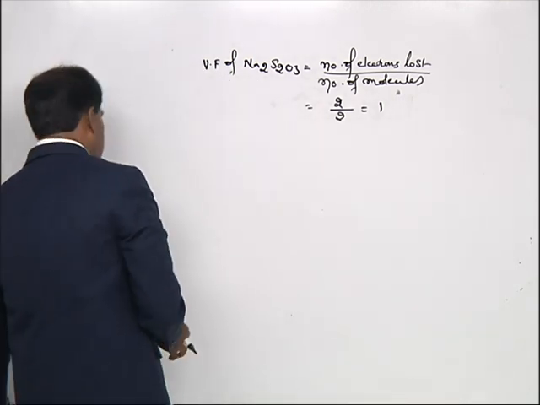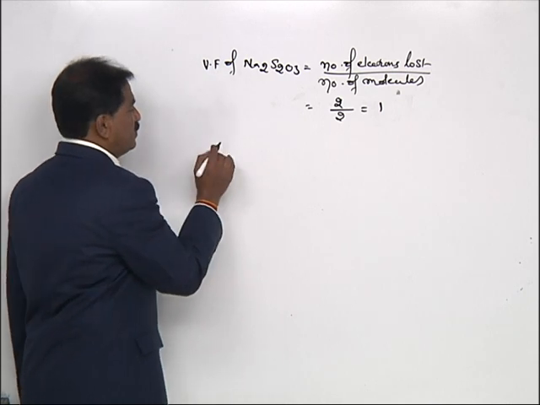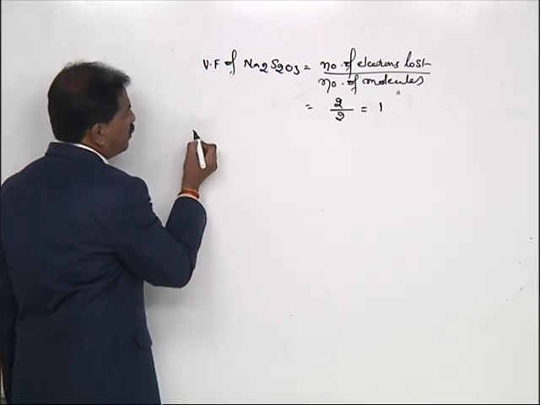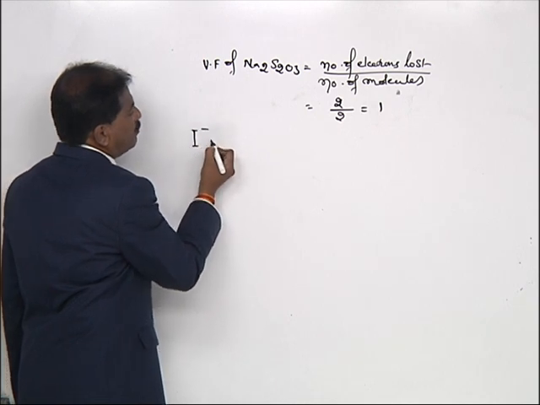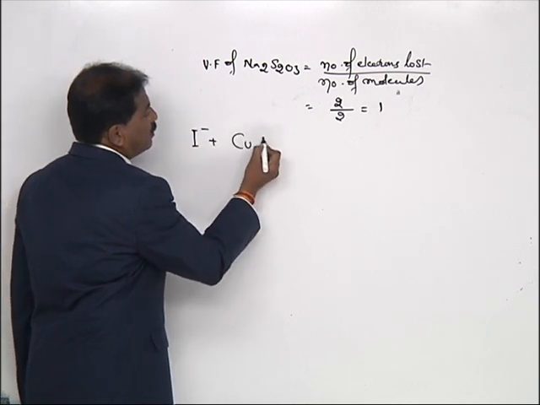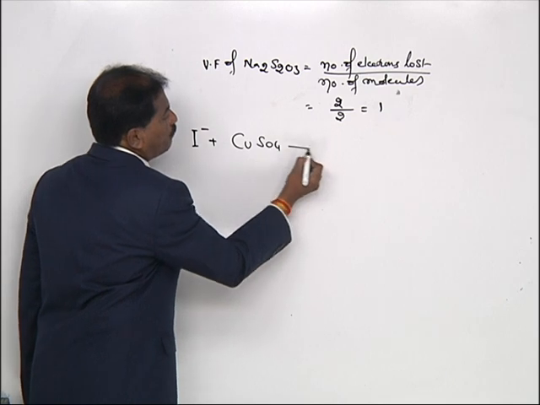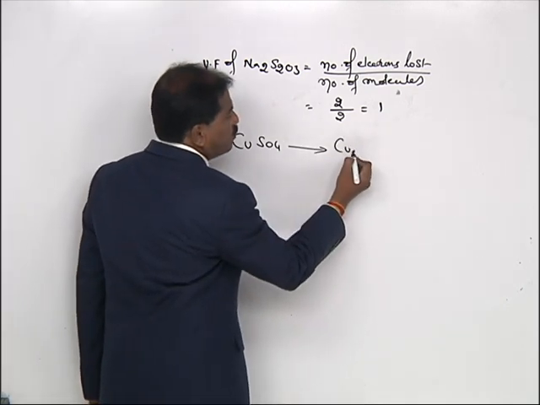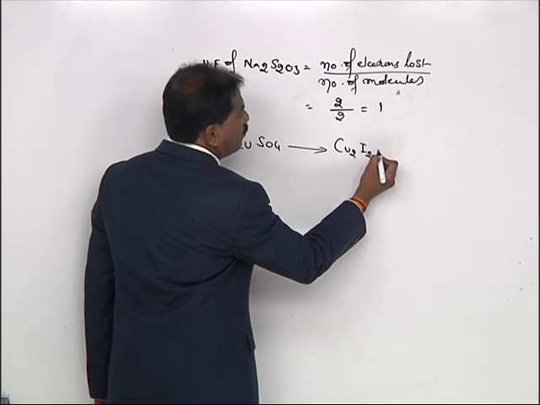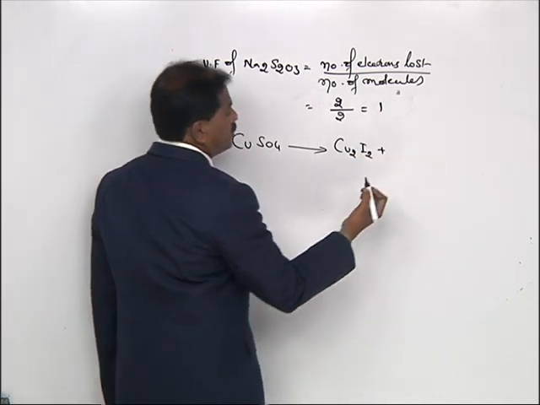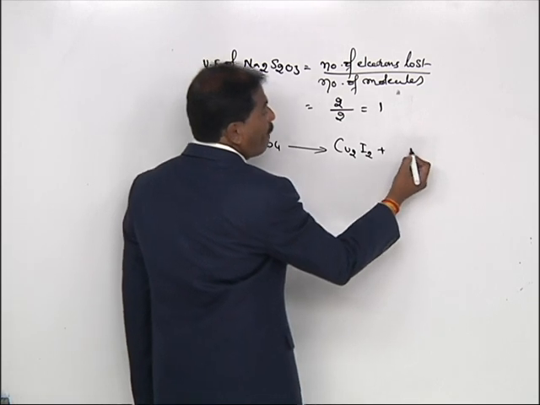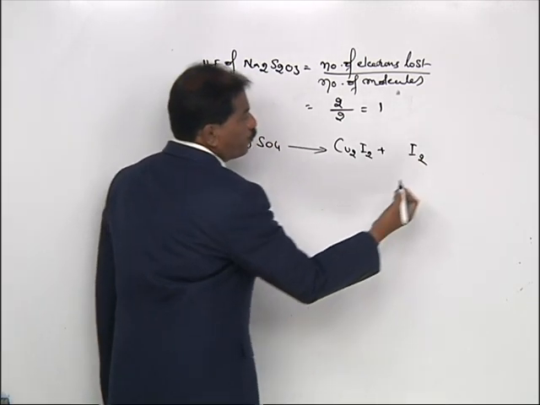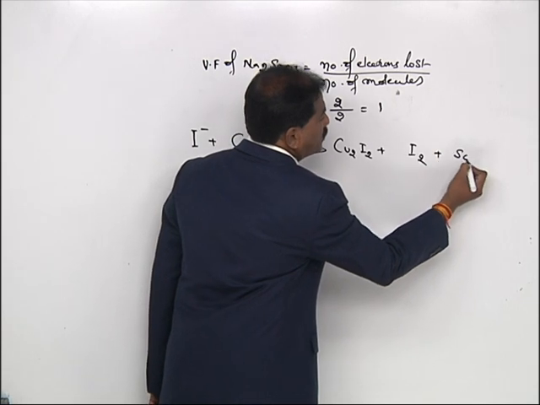Next, another well-known redox reaction is the reaction between I minus and CuSO4. In this reaction, Cu2I2 will be formed, next I2, next sulfate.